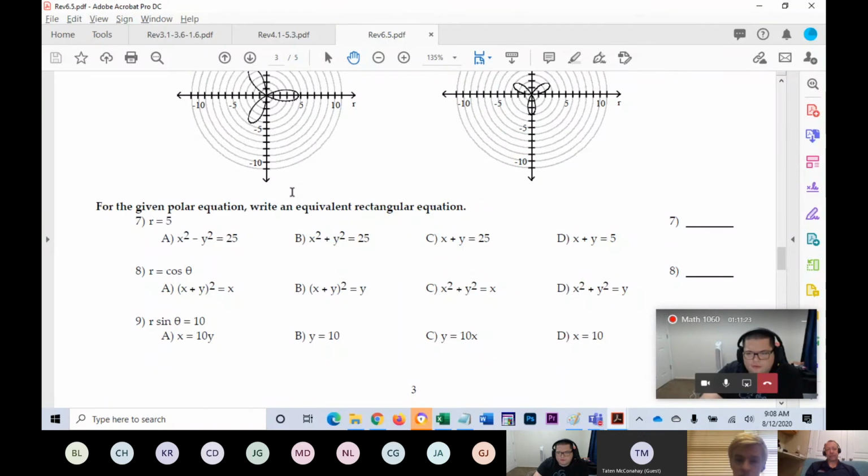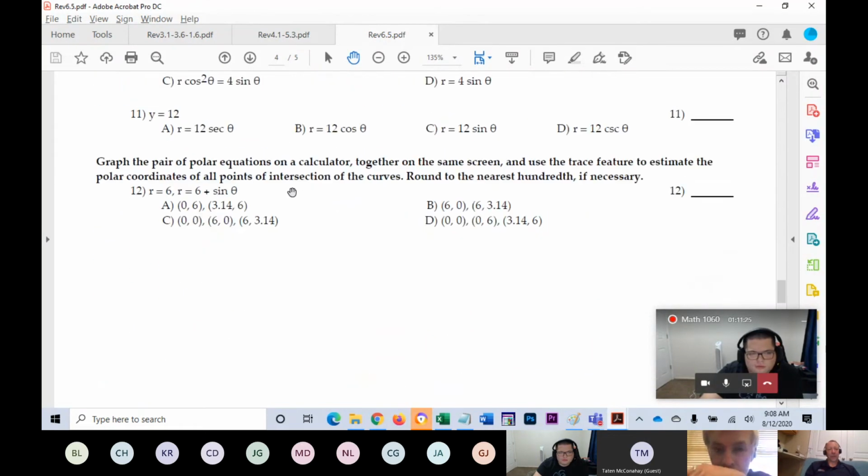Number 12. Graph the pair of polar coordinates on a calculator, and use the trace feature to estimate. Oh, why did I put that one on there? I didn't look very closely. I should take those 2 off. But how would you do this without a graphing calculator? You don't ignore those directions.